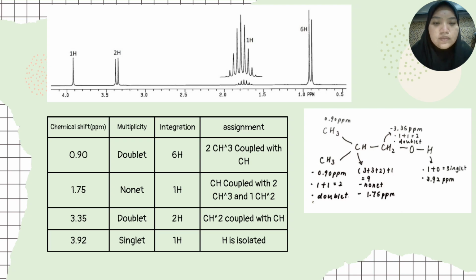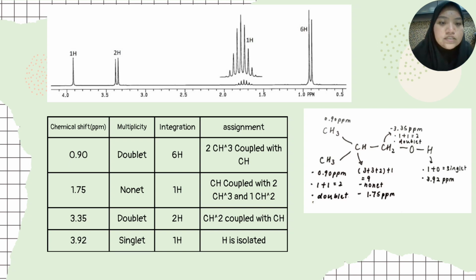So the second picture is a possibility of the structure. So you can see that the H is isolated, which is 3.92 ppm, equal to singlet.